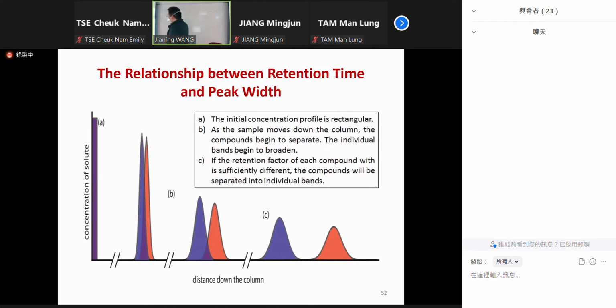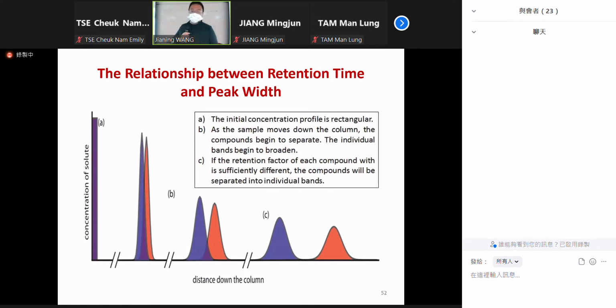Here at the initial time all the sample is injected and enters the column at the same starting point. Because the two analytes have different properties, they show different retention behavior, so they have different retention factors.